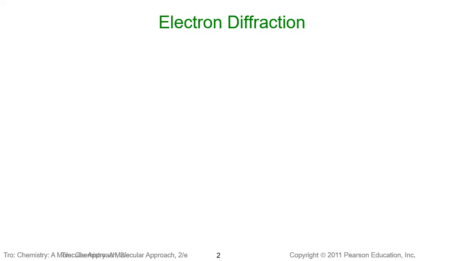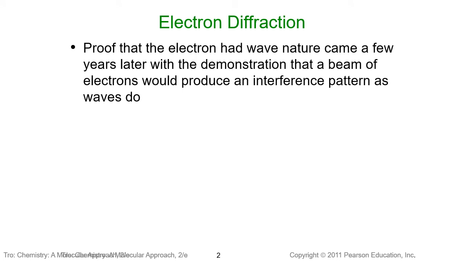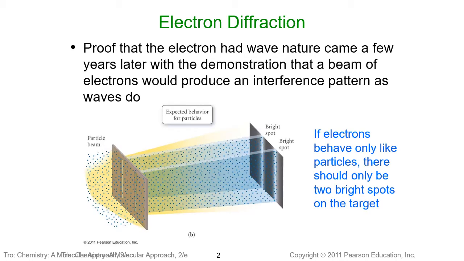So how do we go about proving that electrons behave as waves? Well, we can do the same thing that we did with light, where we pass a beam of electrons through two slits to see if an interference pattern is produced. Remember the light bright, or the light dark that we saw with the light? We can do that with electrons.